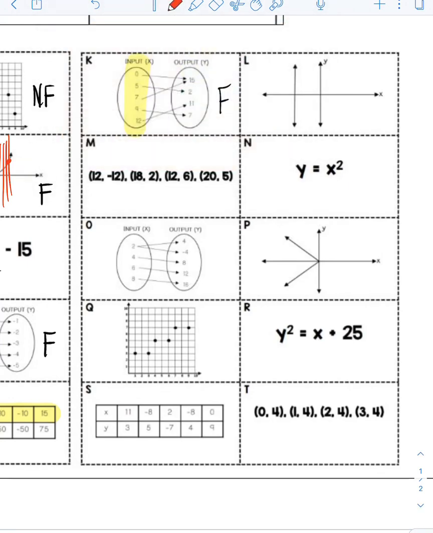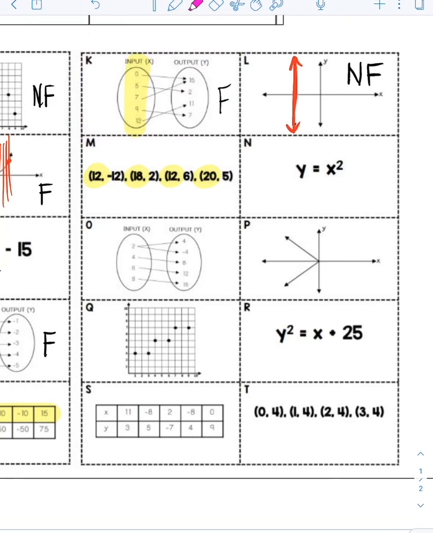L. When I have a graph, I want to perform the vertical line test. Well, every point touches that vertical line, so this definitely fails the vertical line test, and that means it is not a function. M. When I have points, I want to look at my x values to see if there are any repeats.